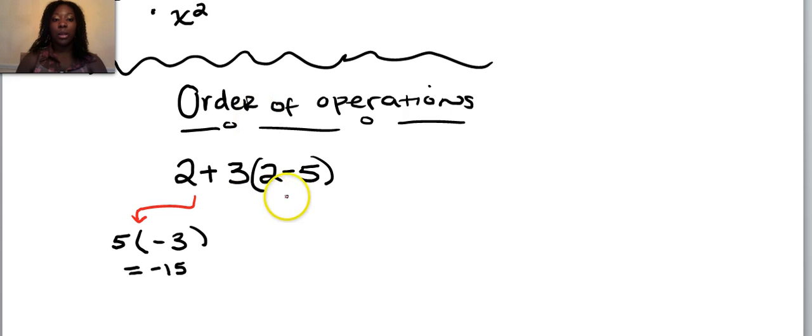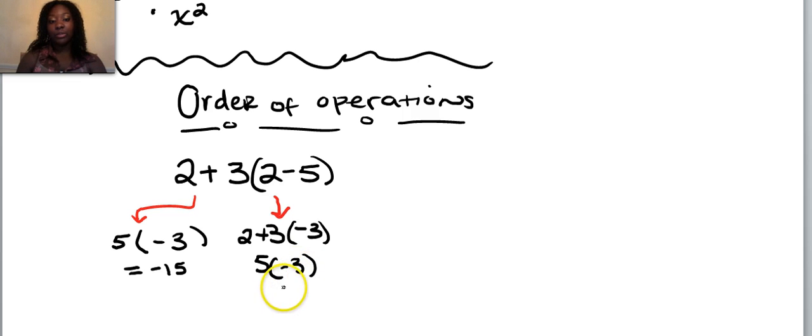Another person might look at this problem and say, well, we could do 2 minus 5 first, that's negative 3. We can just do it backwards, 3 plus 2, and they can do 5 times negative 3, which is negative 15, same answer. All right, somebody else could also look at this and say, I am going to do a completely different method.